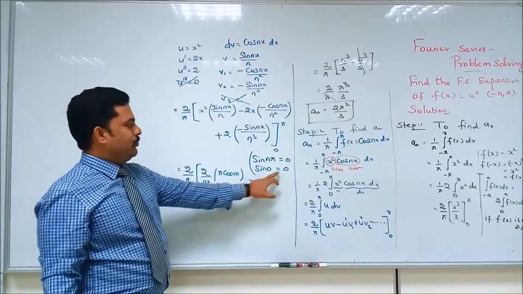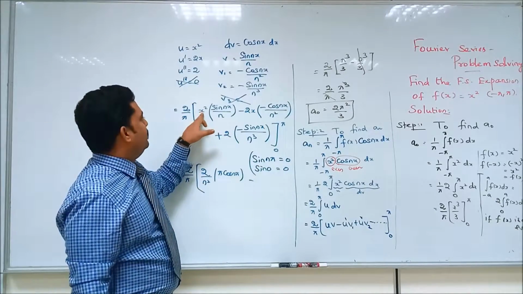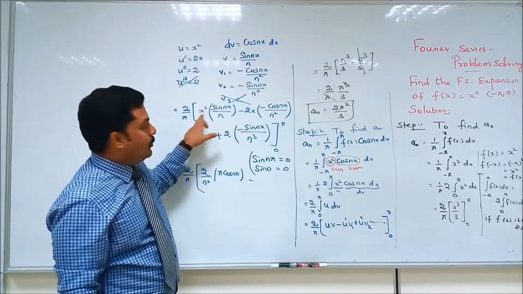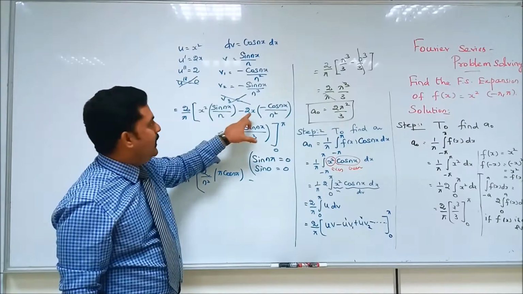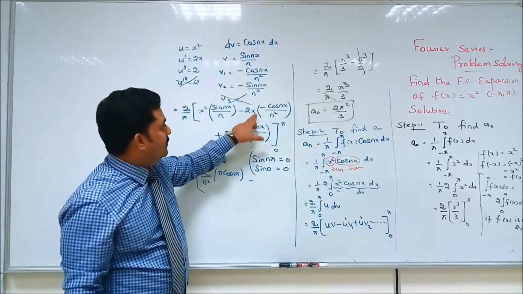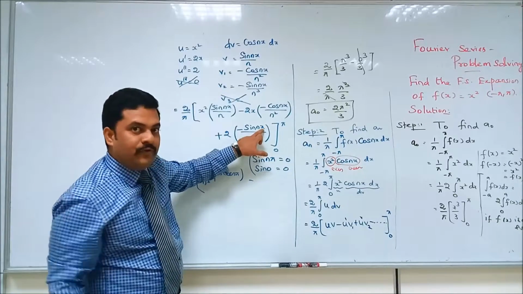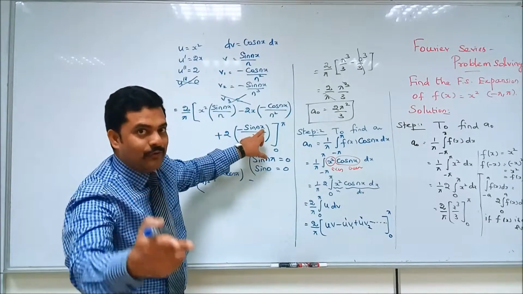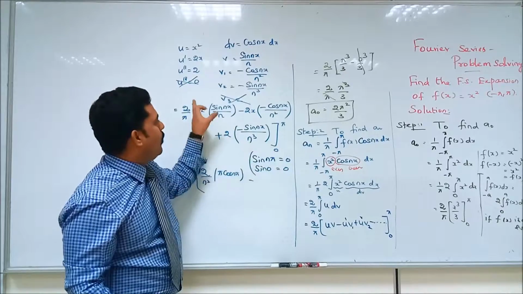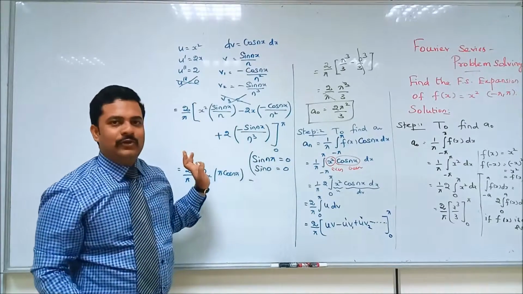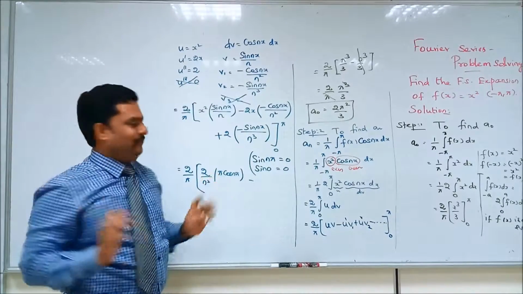Minus, substitute your lower limit. In place of x, 0. 0 into any number, this becomes 0. In place of x, 0. 0 into any number, 0. In place of x, 0. Sin 0 is 0. So if you substitute your lower limit, all the terms become 0. So simply leave that as it is.